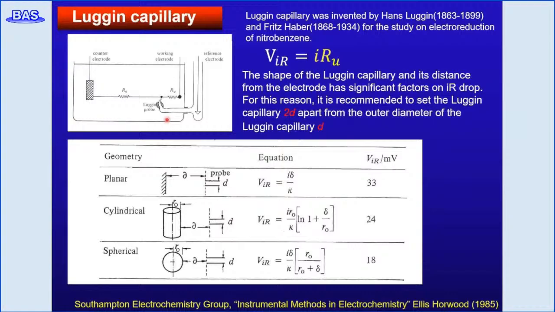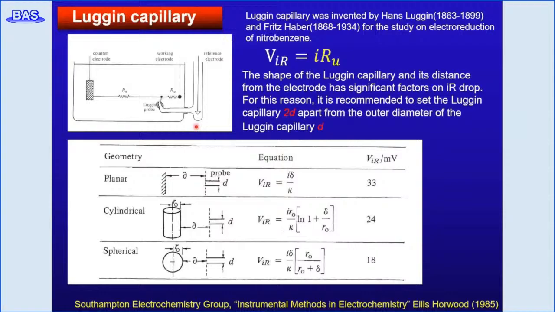And Haber was able to obtain reproducible electrochemical data for the nitrobenzene reductions. Unfortunately, Luggin died young at age 36. At that time, Haber felt the loss very deeply. Here's just history.